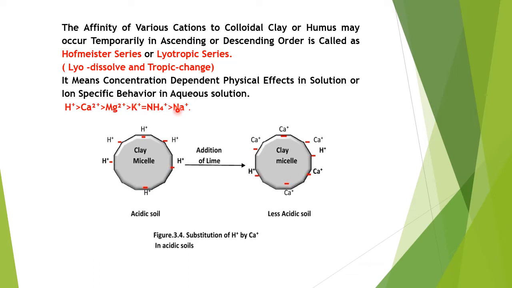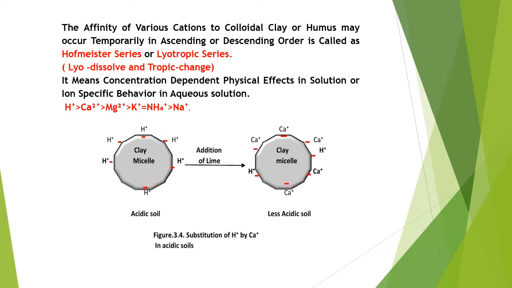This series is called the Hofmeister series, and it means concentration dependent physical effects in a solution, or how an ion will behave in an aqueous solution. So that means you can make acidic soils into less acidic soils and less acidic soils into acidic soils.